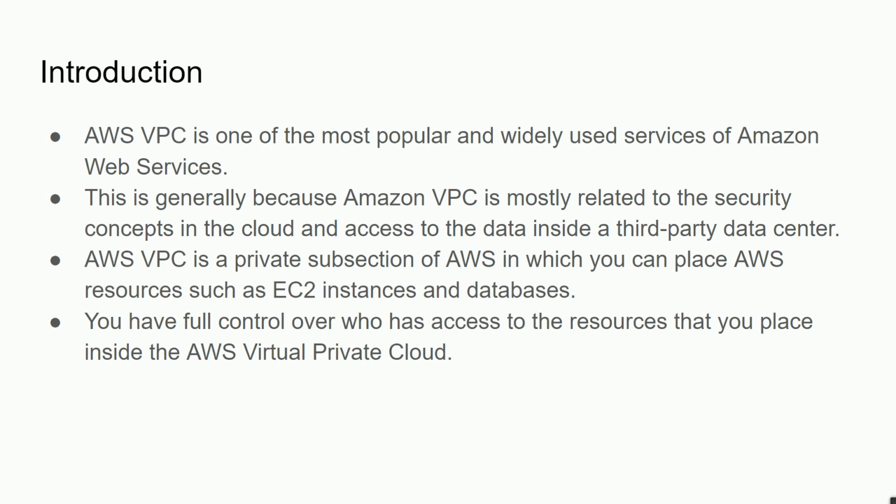AWS VPC is a private subsection of AWS in which you can place AWS resources such as EC2 instances, databases and other services. For example, if the EC2 instance is required to be accessed from private infrastructure only, then we can set up VPC in such a way that the instance should be only accessible in a private way, not from the public infrastructure.